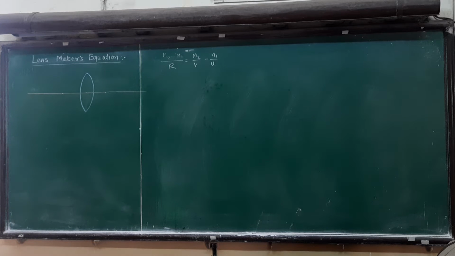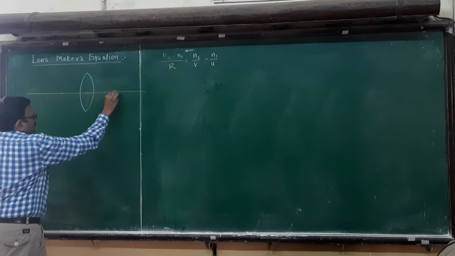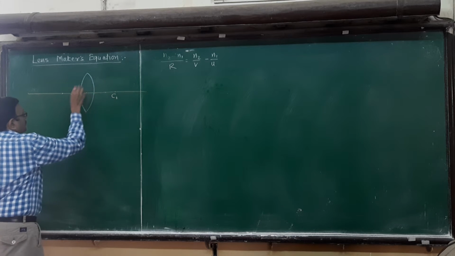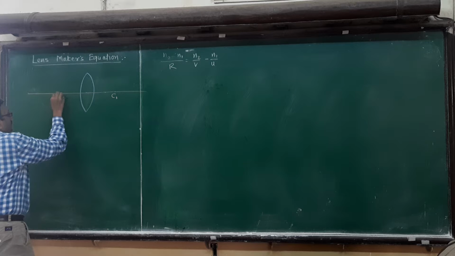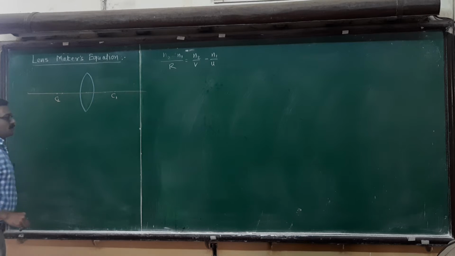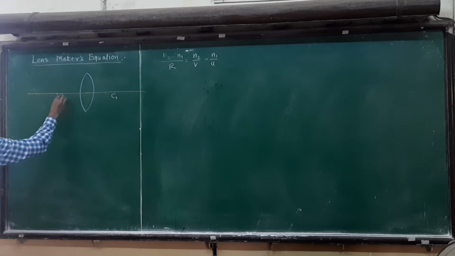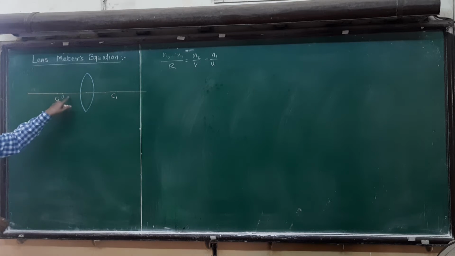Let's consider that this first curved surface has center C1 and this second curved surface has center C2. An object is placed at this point O, on any one point of the principal axis.